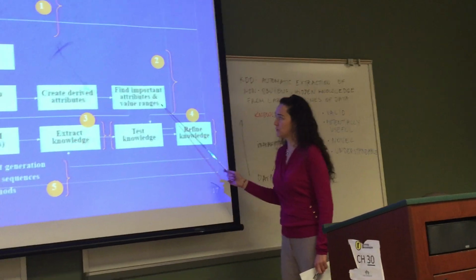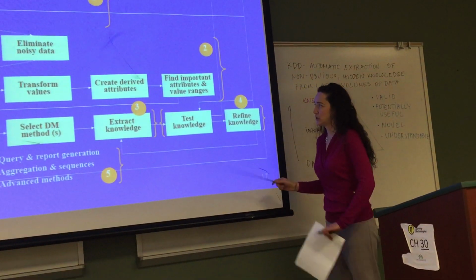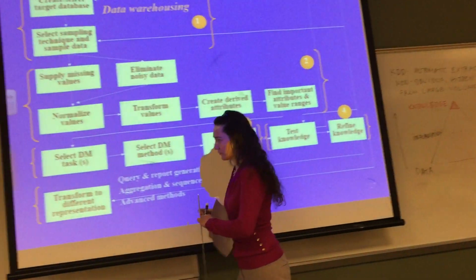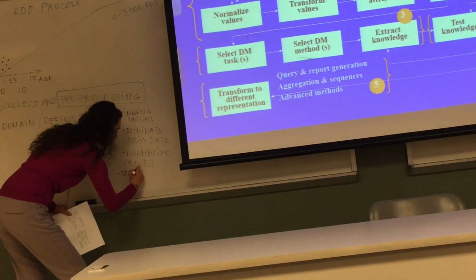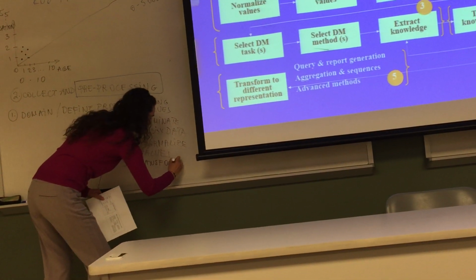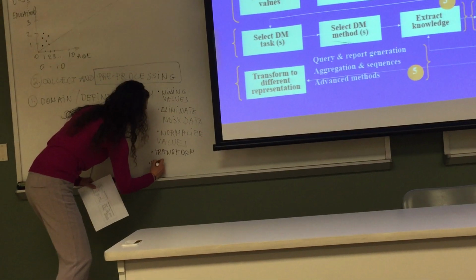This is probably the most important thing: find the important attributes and value ranges. So here we have transform values, create additional attributes, and find the important attributes.